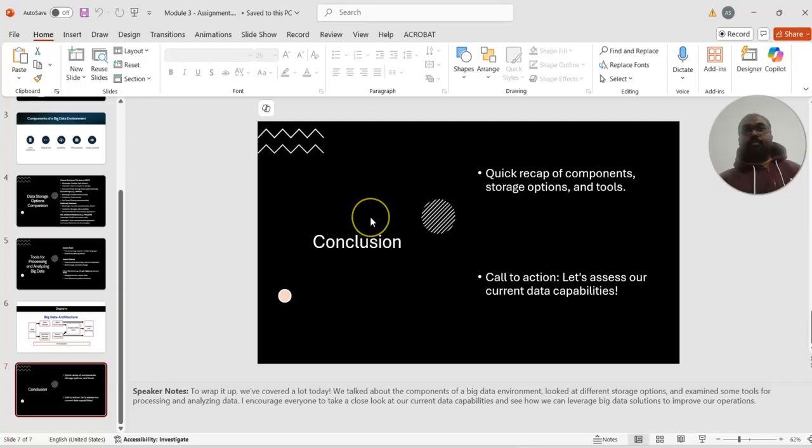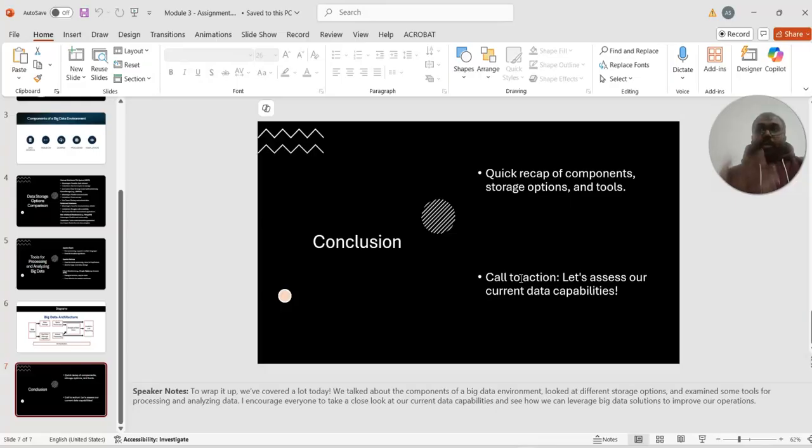Now let's conclude. We have seen many things today. We have seen the components of big data, the storage options we have gone through, and different tools. Finally, let us analyze our requirements.